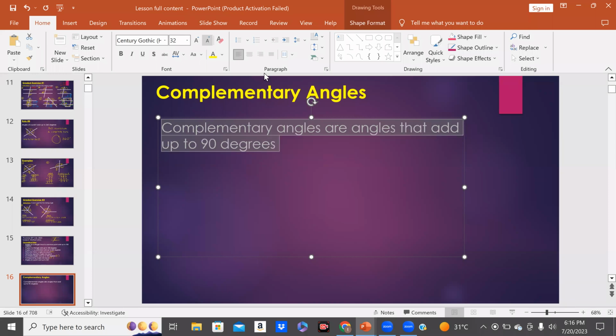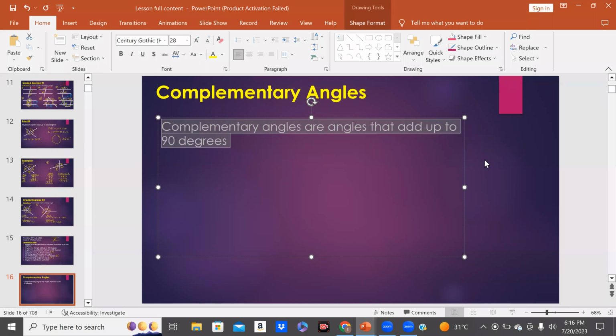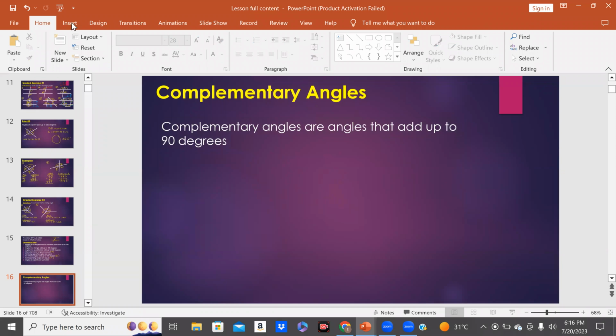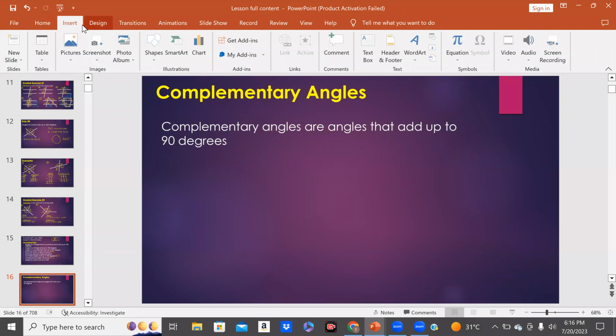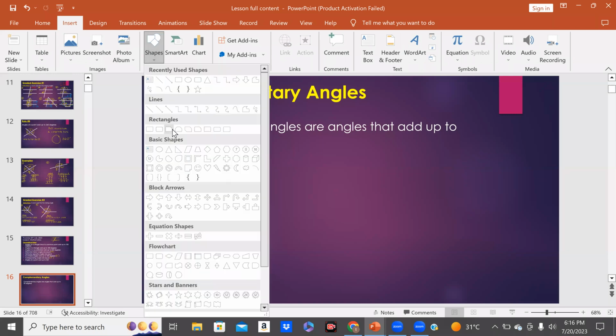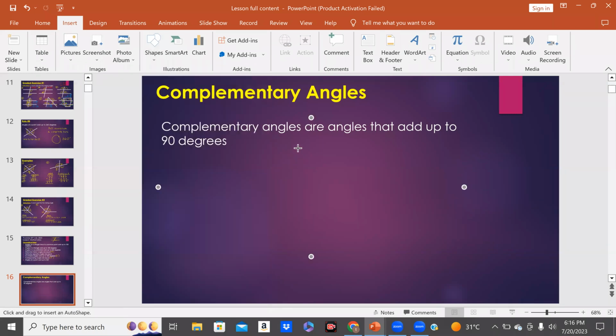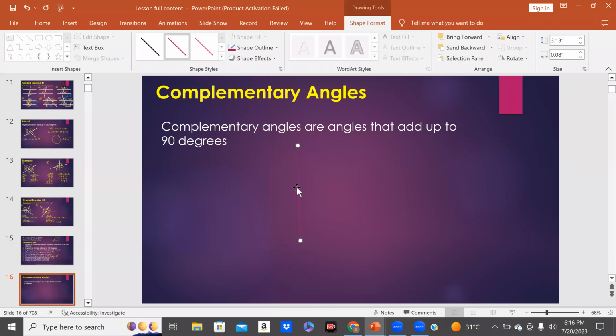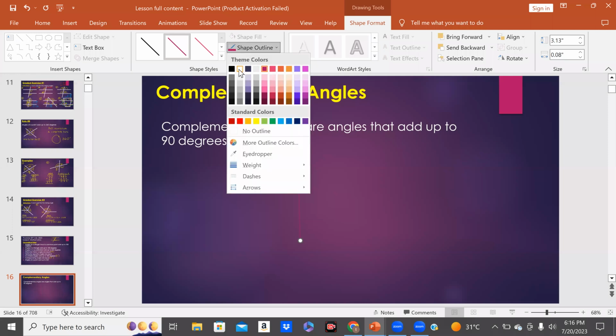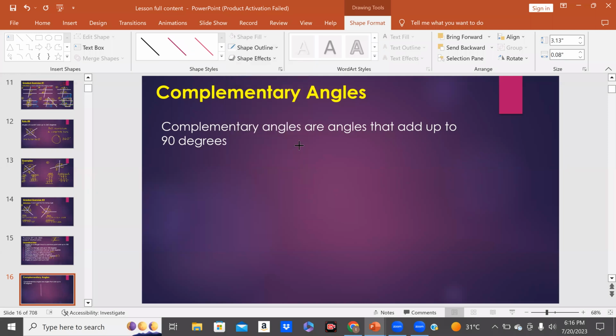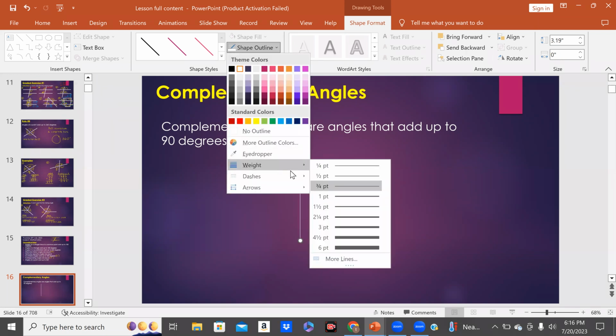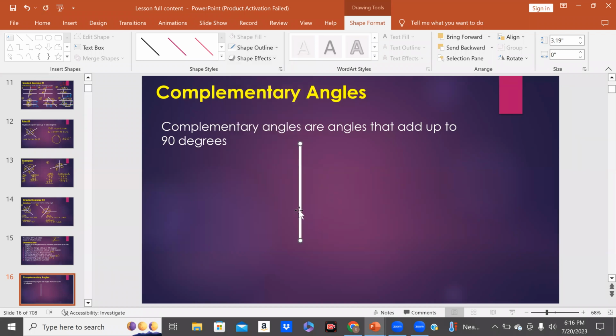So for example, let's say we have the shape, and we know our right angle look, our 90 degrees look. It's one straight line in the middle, and we go like this.